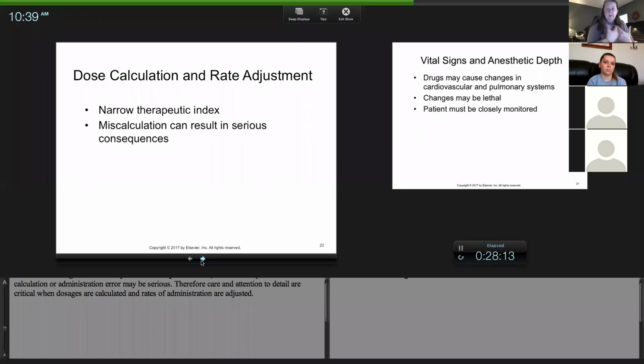But what I always say when you guys are starting out, wherever you do your externship, they're going to check you for a while. They should. Nobody should feel offended that somebody wants to check their math. Whenever I calculate insulin, and I've been doing this a really long time, I'm like, somebody check me.